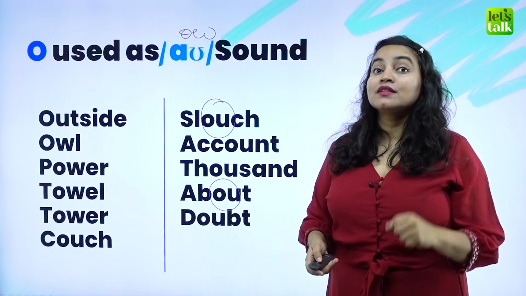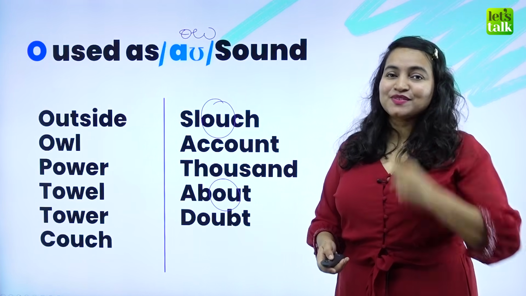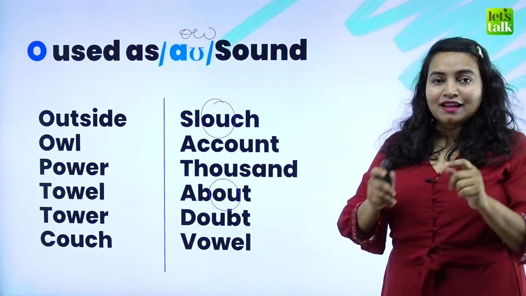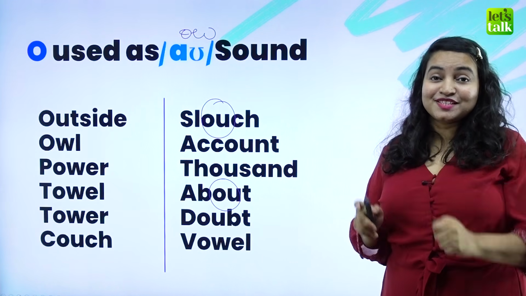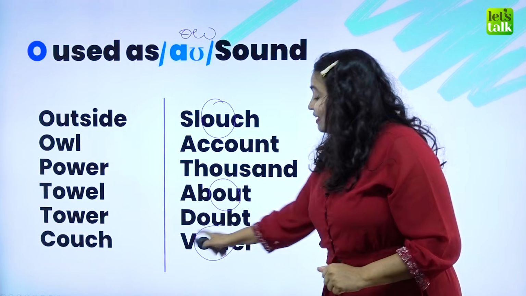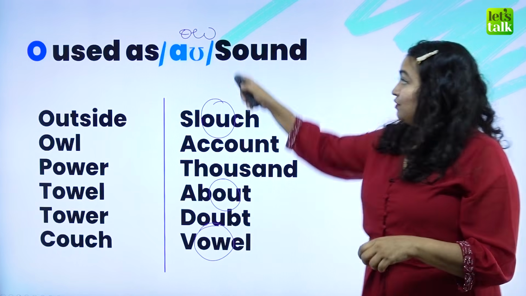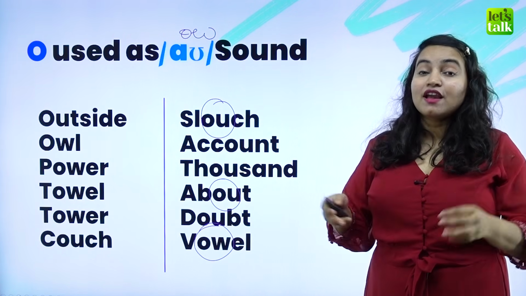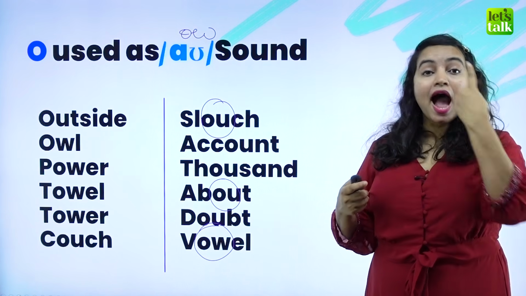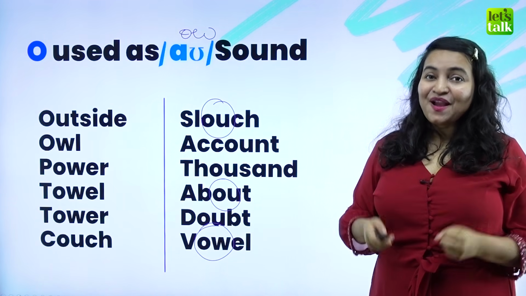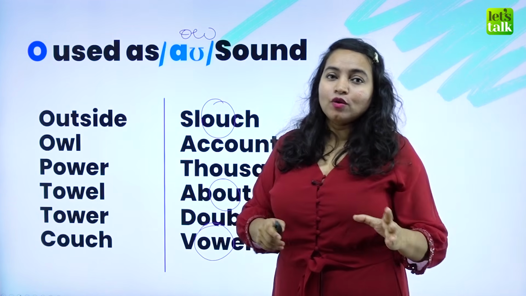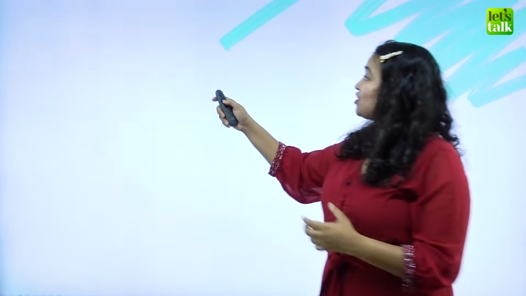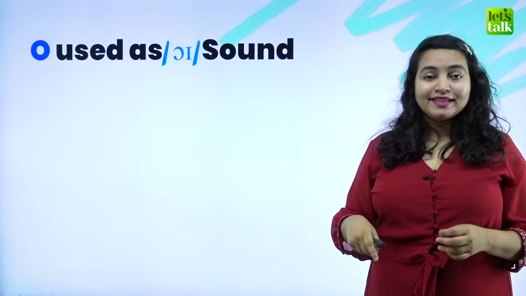Do you have some doubts? That's the way you say the word. And the last word, well, you better get this word right because it is a vowel. So, O is actually a vowel. But we don't say vowel, we say vowel. Ow, vowel.